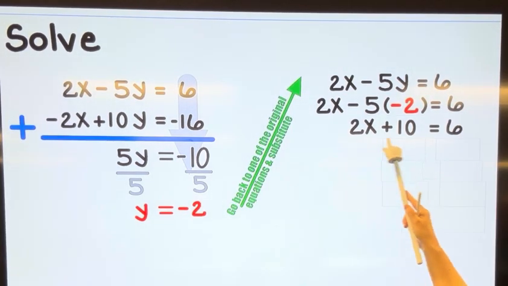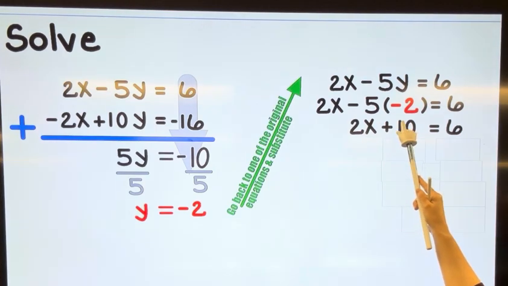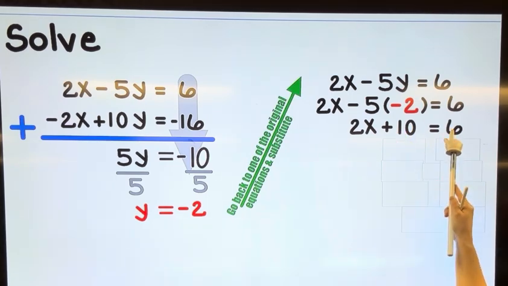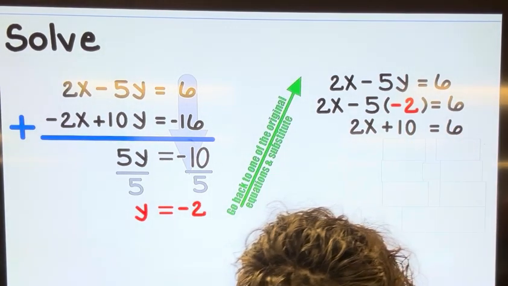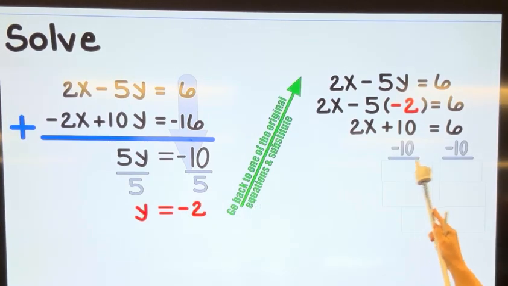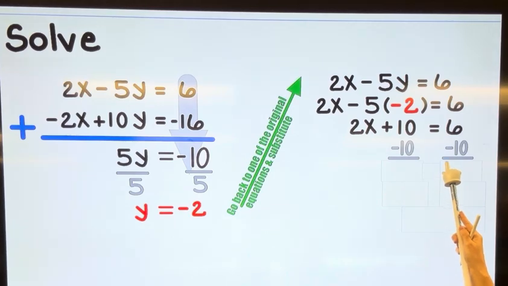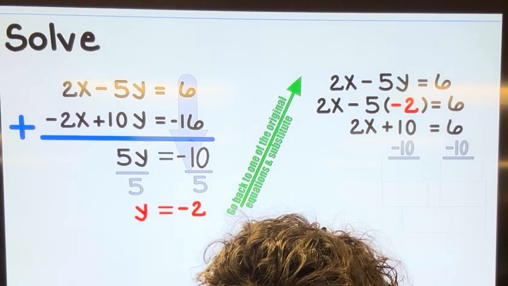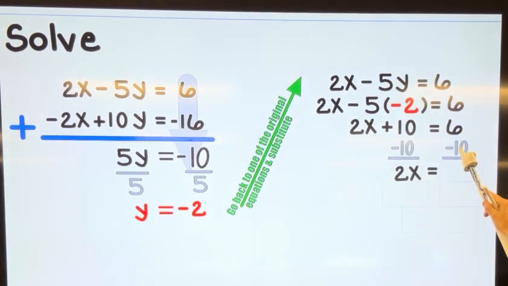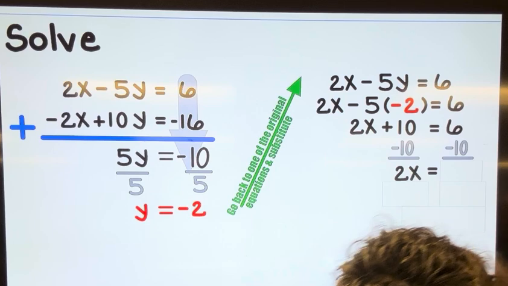Now that I've simplified the left side, I'm ready to move letters to one side, numbers to the other. So I have letters, numbers, numbers. Let me move this positive 10 to the other side by subtracting 10. What I do to one side, I do to the other. The 2x is still over here on the left side. Bring down the equal sign. 6 minus 10 is negative 4.